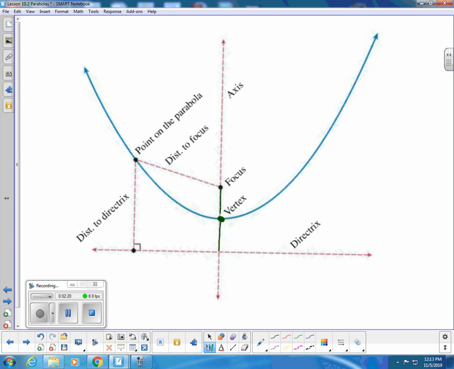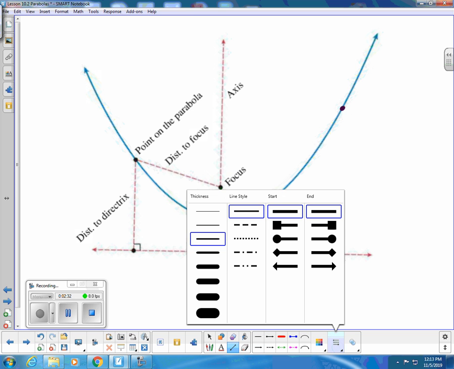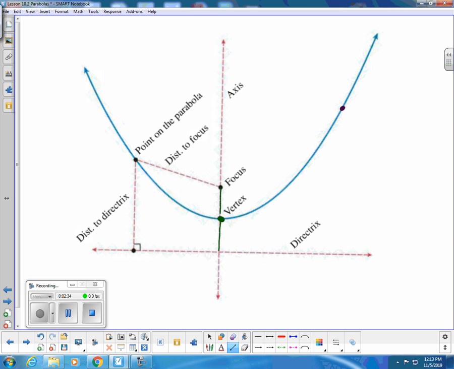No matter where you are on this parabola, I can pick any point. If I draw a line from here down to my directrix, it's going to be the same distance as that to my focal point. They're equidistant.